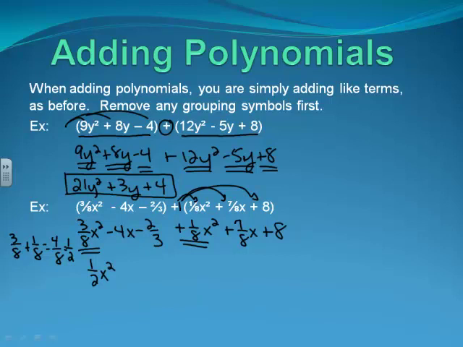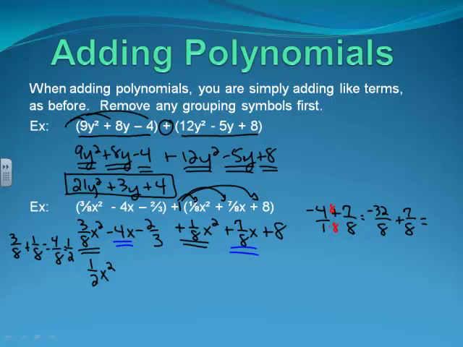Then we've got a couple of x terms. We've got minus 4x plus 7/8 x, so I'll do that off to the side. We've got minus 4 plus 7/8. We're going to make that negative 4 into a fraction because we need a common denominator. So the common denominator here would be 8. We need to build up our fraction. So now we have negative 4 times 8 is negative 32 over 8 plus 7/8.